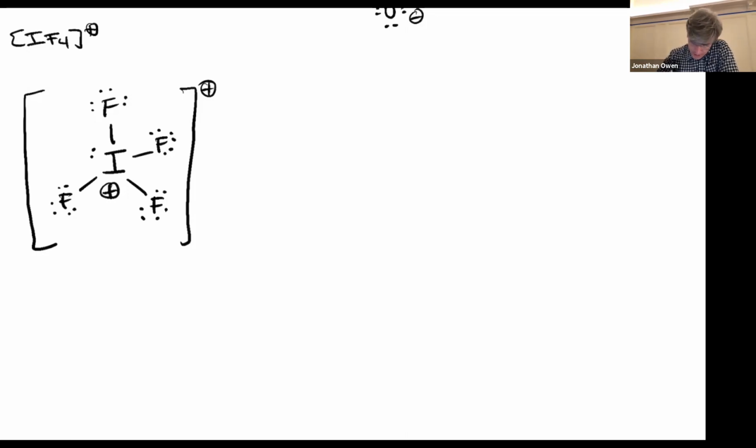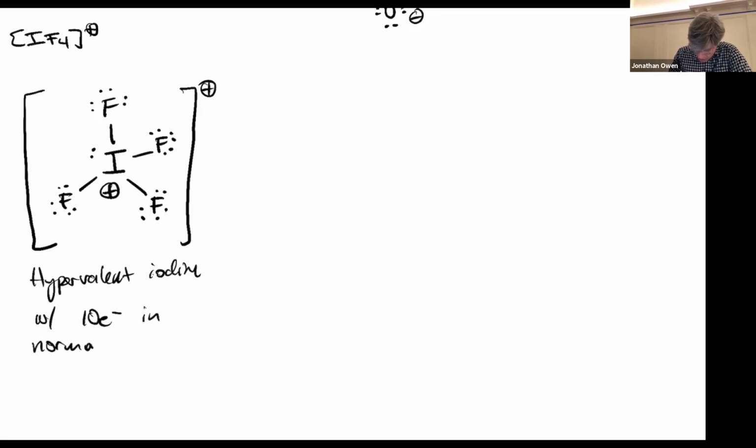So let's take a look at iodine's situation here. We got 2, 4, 6, 8, 10 electrons around iodine. Each of the fluorines is fine. They have their octets, but we got 10 electrons around iodine. So this guy is hypervalent with 10 electrons in normal covalent bonds.